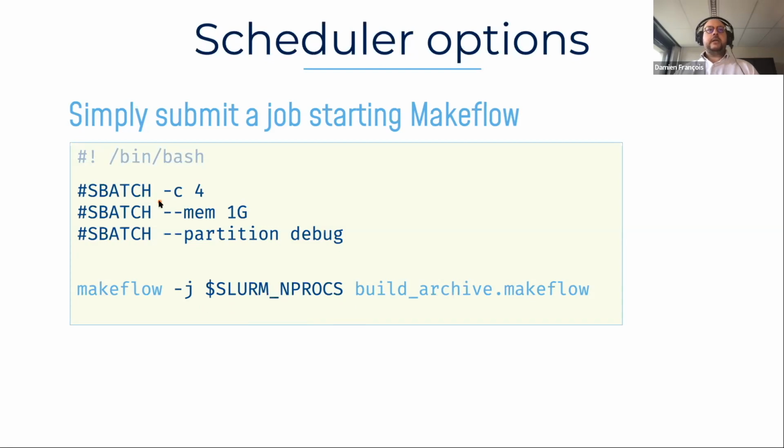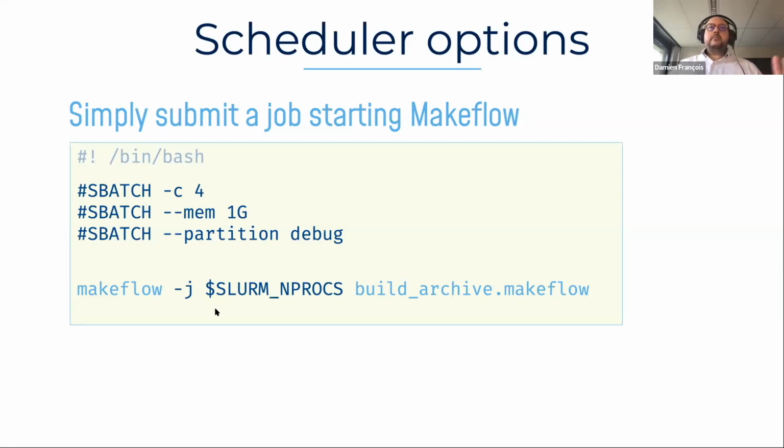Here I submitted a job where I requested 4 CPUs, and so the SLURM_NPROCS variable here will be 4. The idea with this -j option is to make sure that Makeflow does not try to create more processes than we have CPUs available.